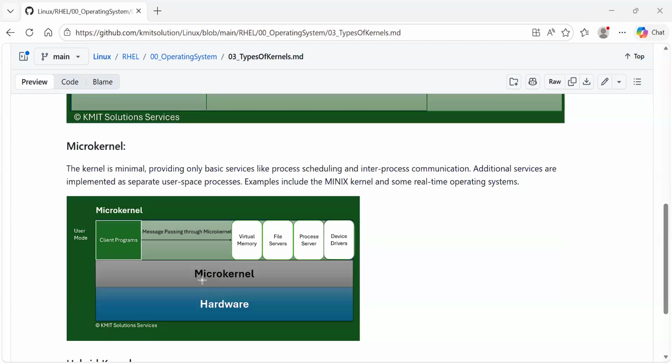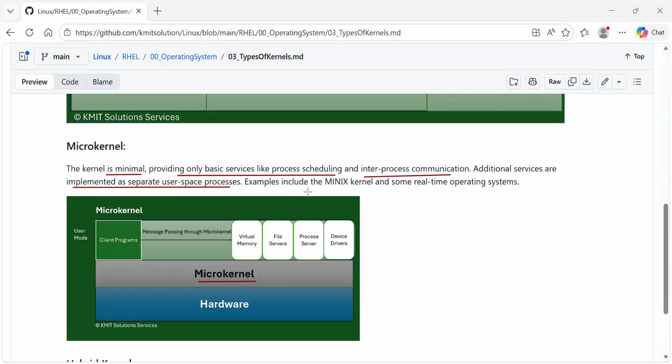As the name suggests, it is a microkernel, meaning it has very limited functionality to perform. The kernel is minimal, providing only basic services like process scheduling and inter-process communication. Additional services are implemented as separate user space processes.